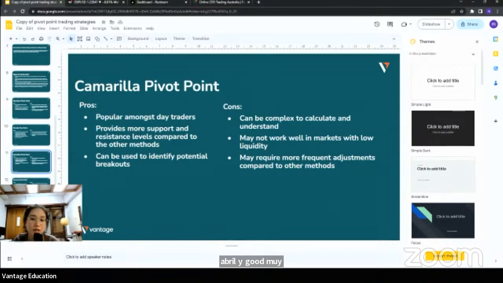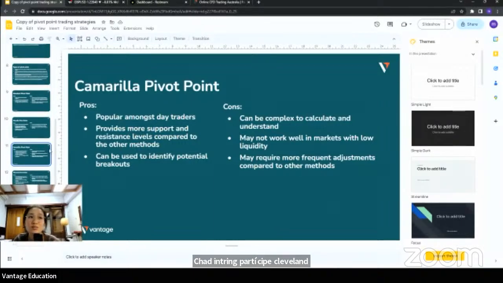But typically for pivot point strategies, most of the strategies can be used for intraday. Okay, Tokozo says he normally uses MACD and EMA. I also normally use MACD as well because it's so easy to use. Okay, let's go back.